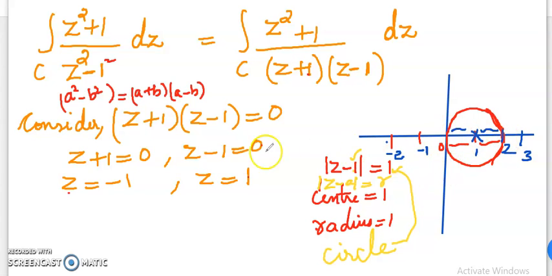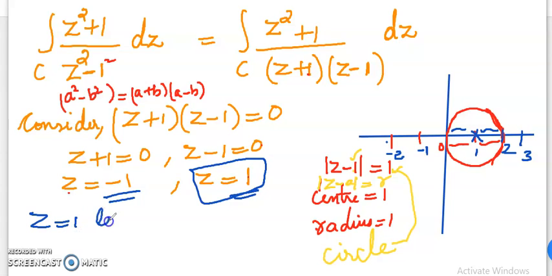Now let us see whether minus 1 and 1 lie inside or outside. When you take z equal to 1, z equal to 1 lies inside C. Z equal to minus 1 is a point here, so z equal to minus 1 lies outside.